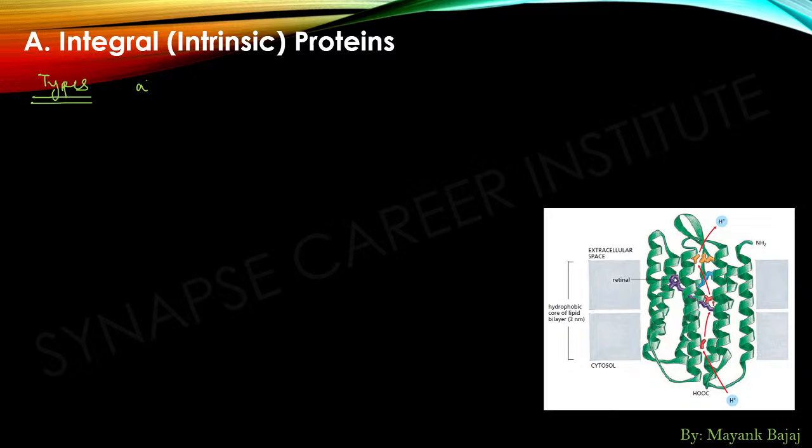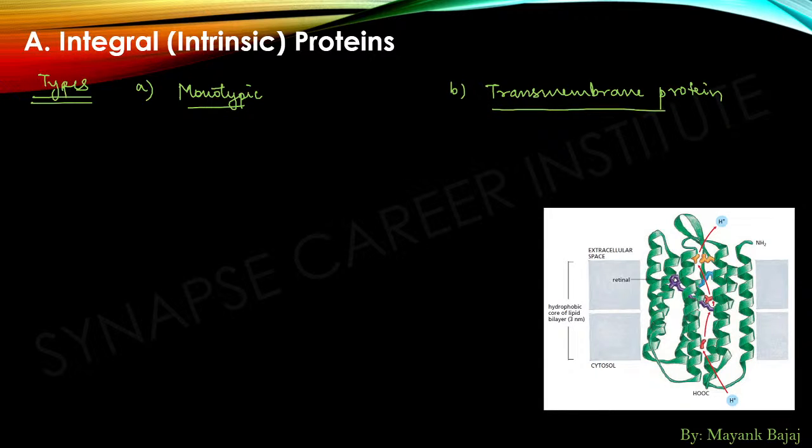The first one is monotypic proteins, or it can be a transmembrane protein, right? I'm giving the types of integral membrane protein, right? So integral or intrinsic membrane protein can be monotypic or it can be a transmembrane.